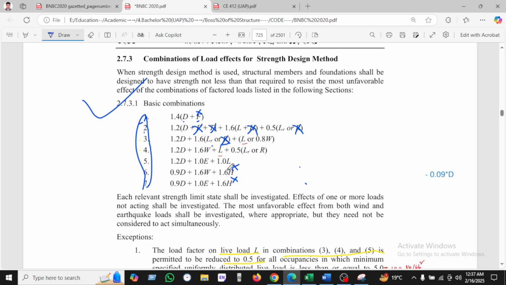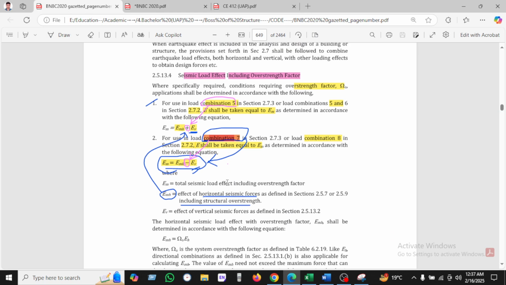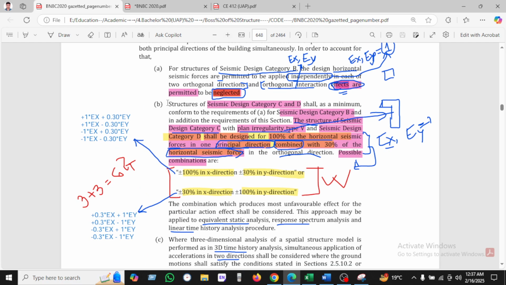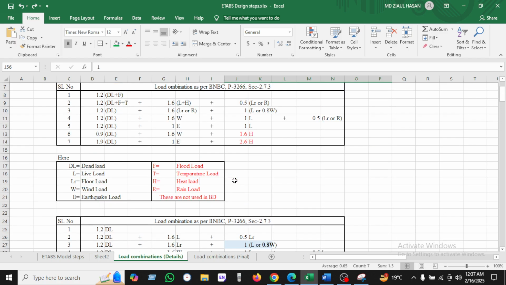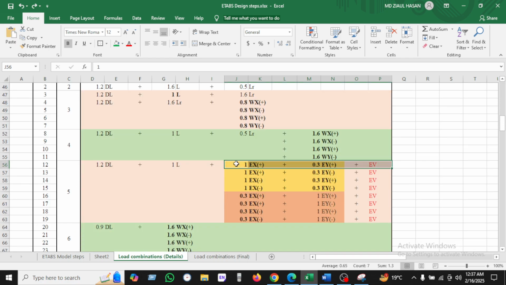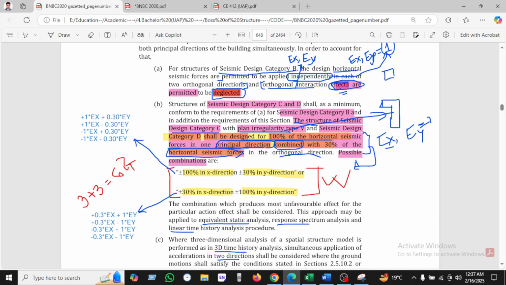So we have to go to the load combination here. By the way, we're doing this load combination only for seismic design category C, B, and D. Okay, so let's see here.